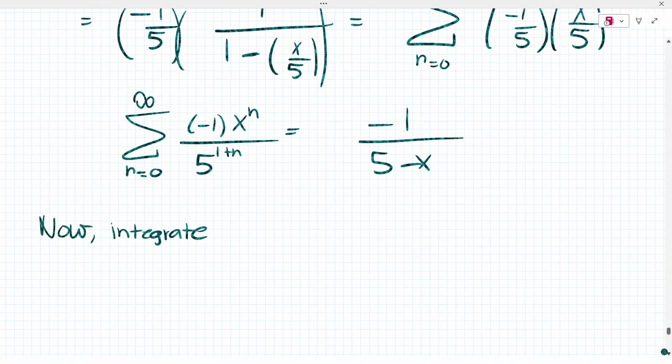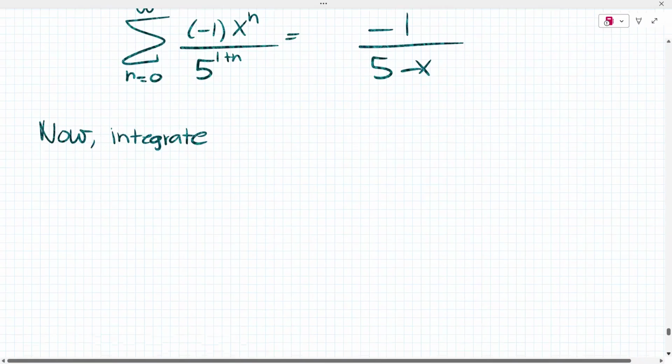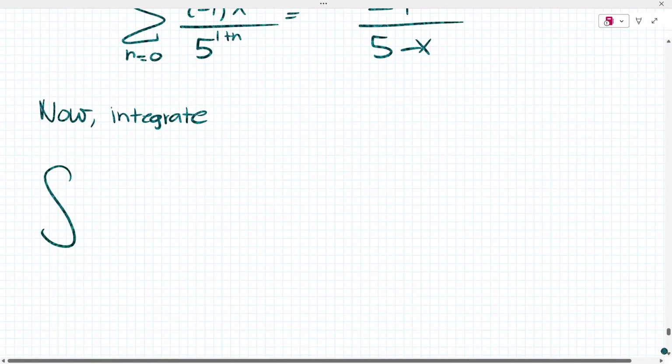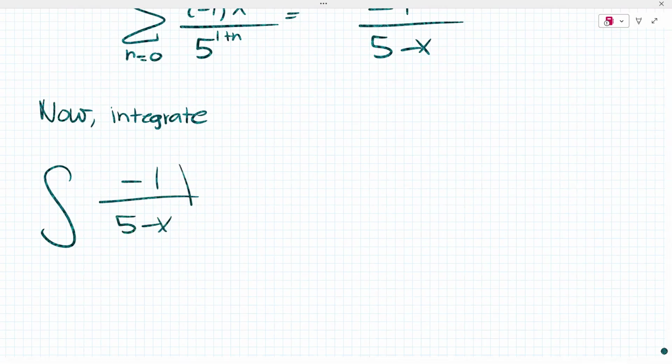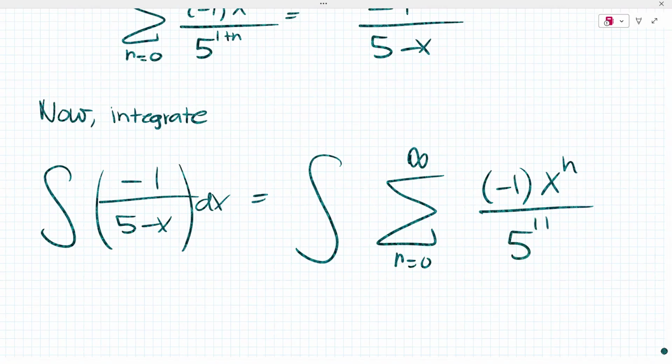So go ahead and integrate both sides. And we get... okay.